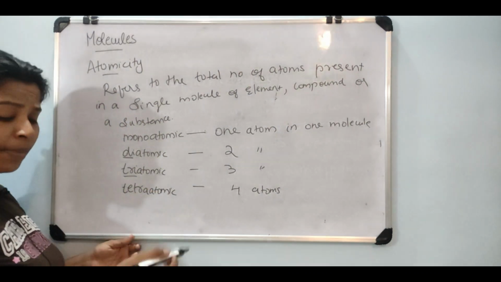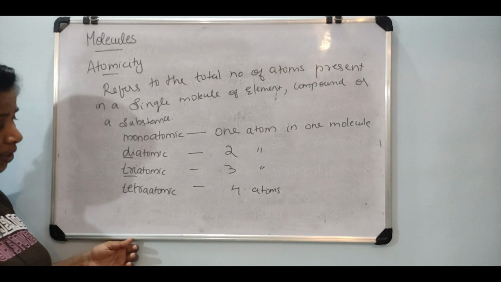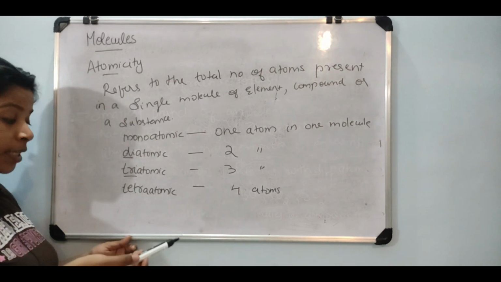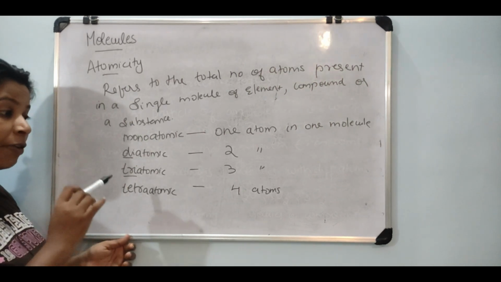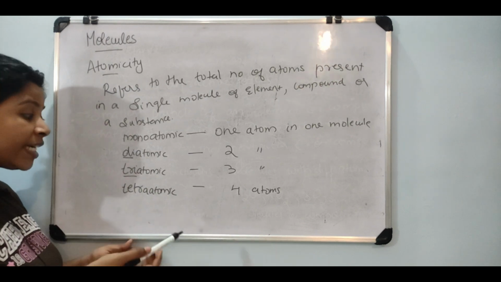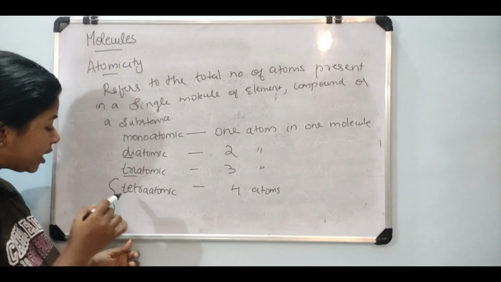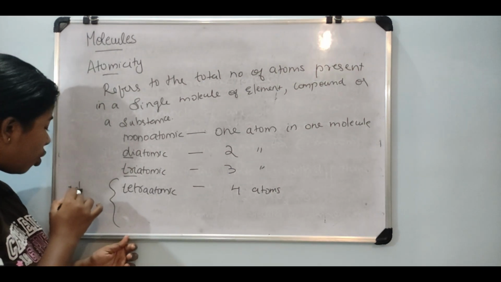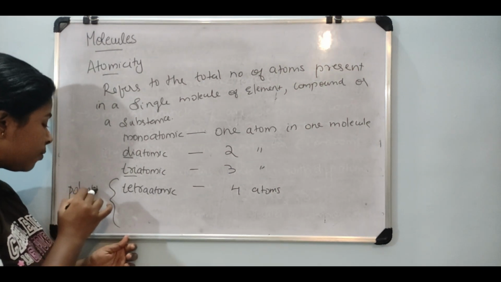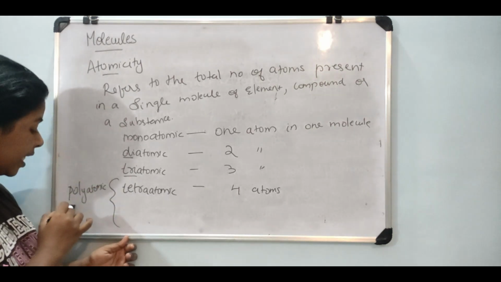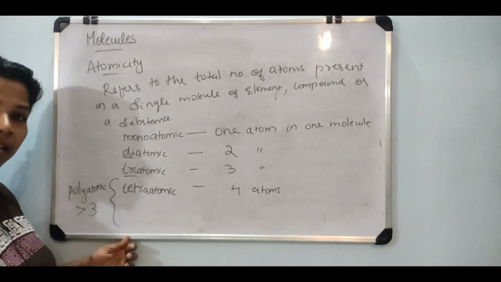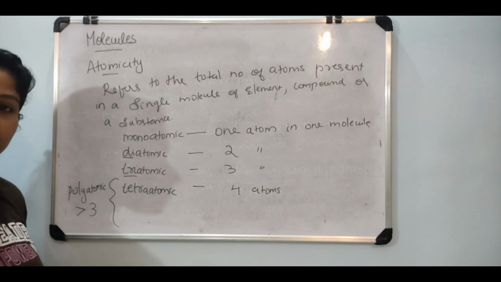Okay, similarly there are different cases. In general we refer to those which contain more than three atoms as polyatomic. So polyatomic means greater than 3. The number of atoms will be greater than 3. Okay.